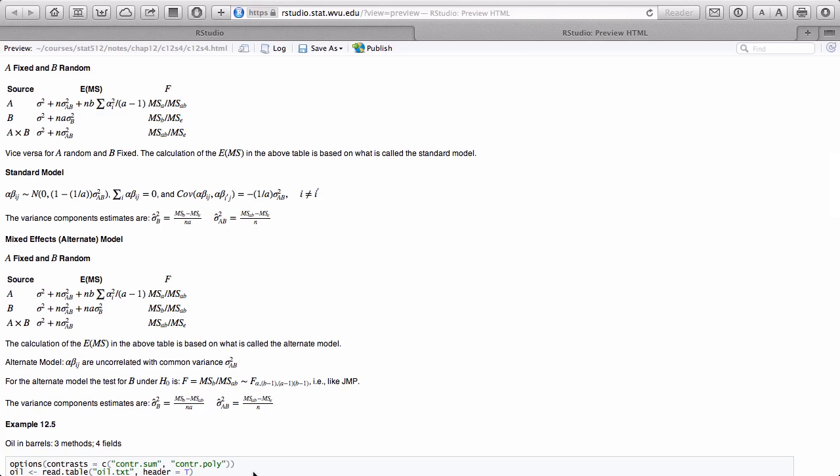Notice that both the fixed and the random effect have the interaction term in the expected mean squared. So both are tested by the interaction in the alternate model, whereas in the standard model, only the A effect is tested that way.